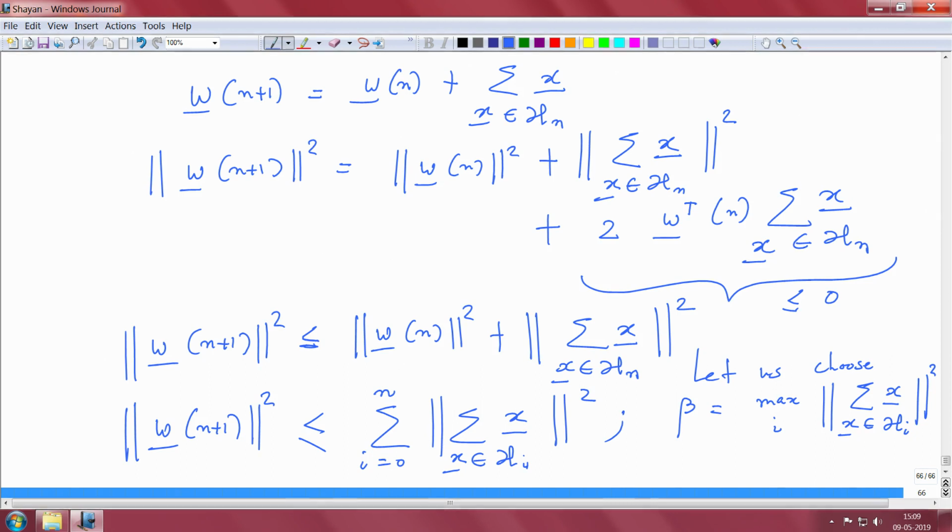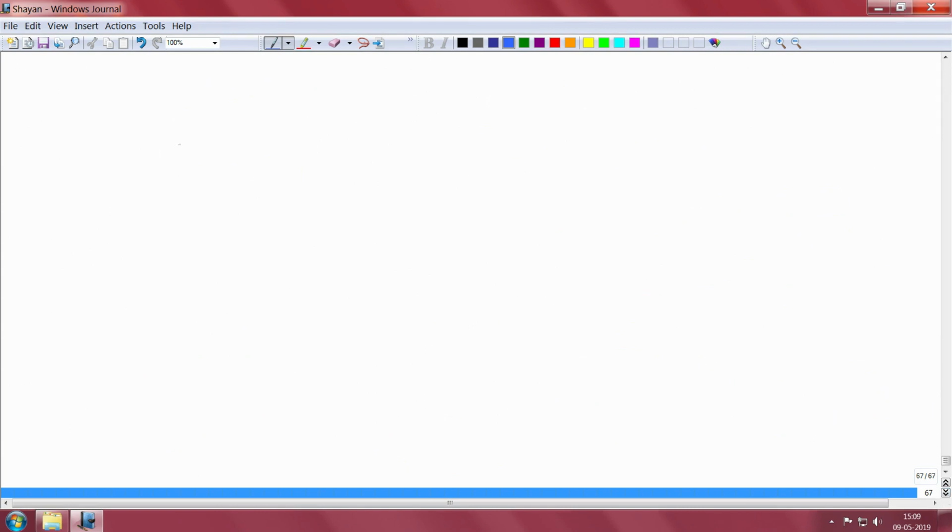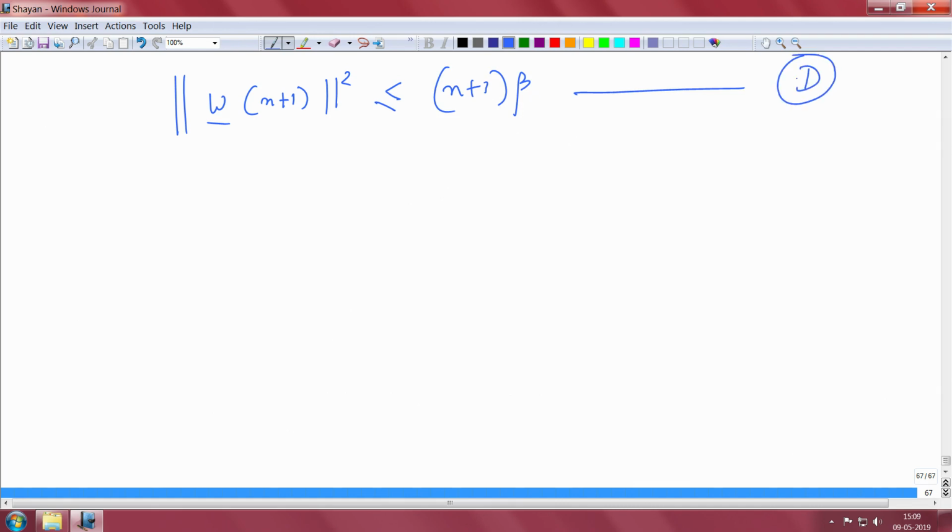With this adjustment, we land up with the Euclidean norm at time step n plus 1 square is at most n plus 1 times beta. So, let me call this equation D.